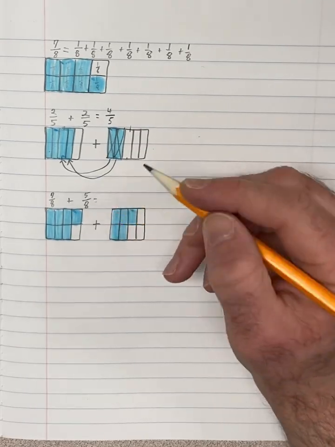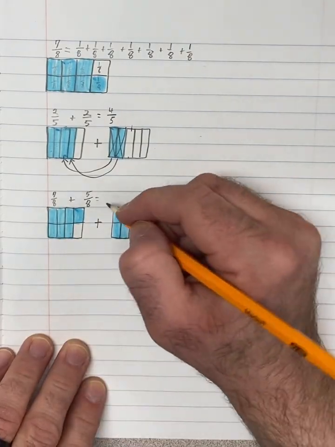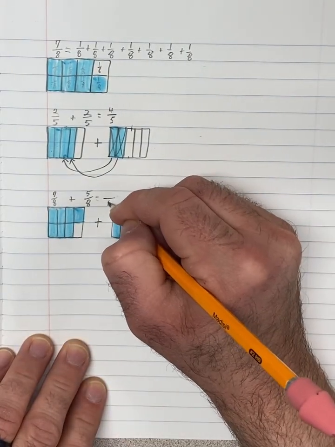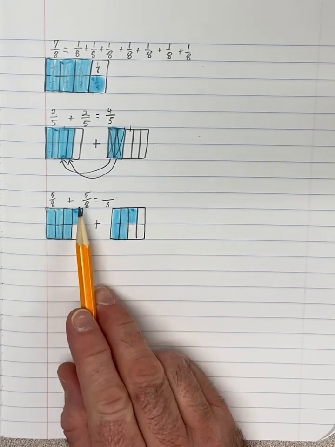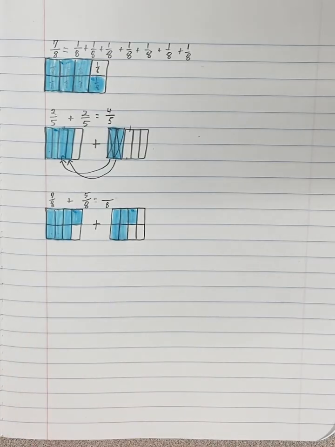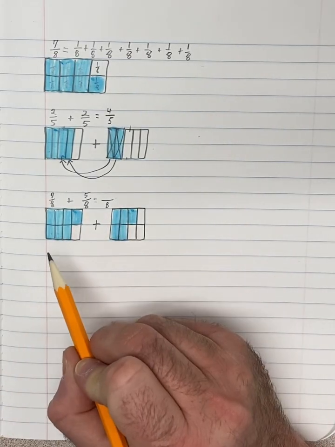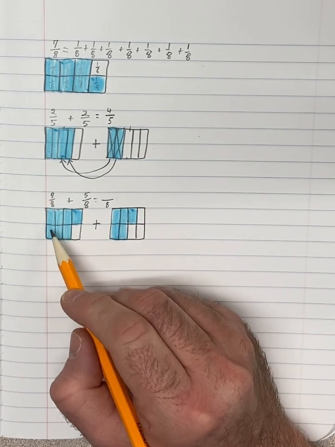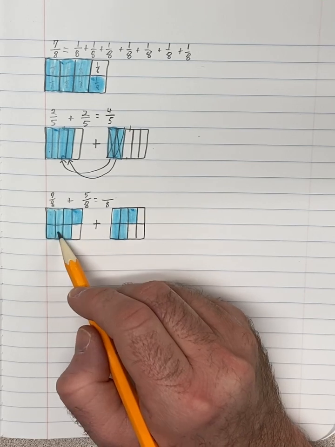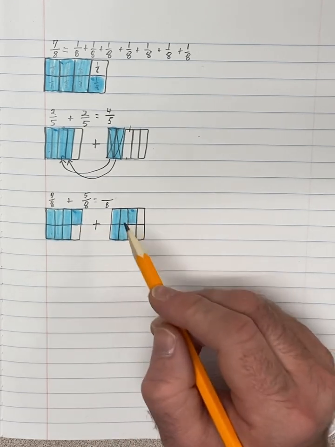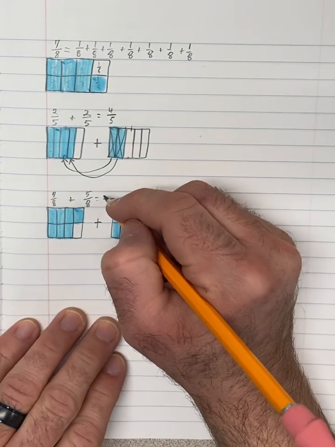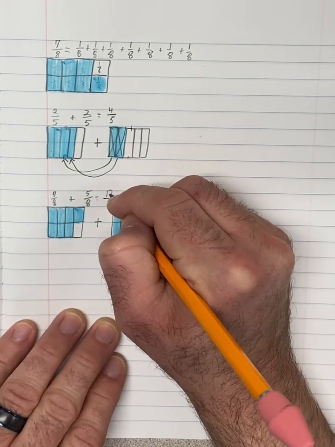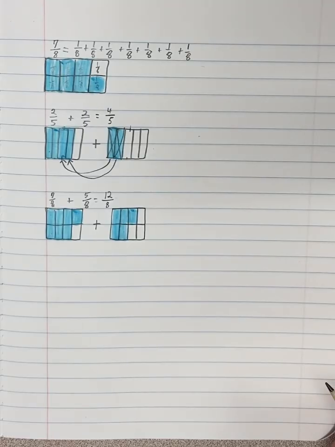Now we know each one of these pieces is an 1/8, so therefore our denominators do not get added. We're going to count our blue parts. 1, 2, 3, 4, 5, 6, 7, 8, 9, 10, 11, 12. We have 12 1/8 pieces.